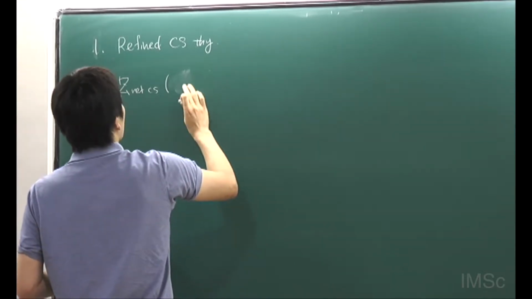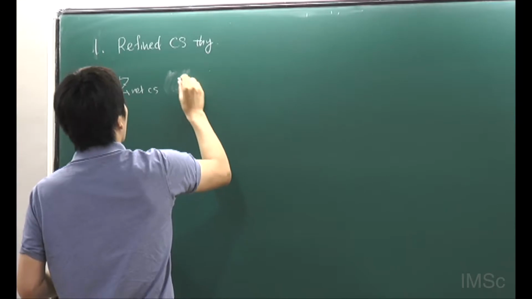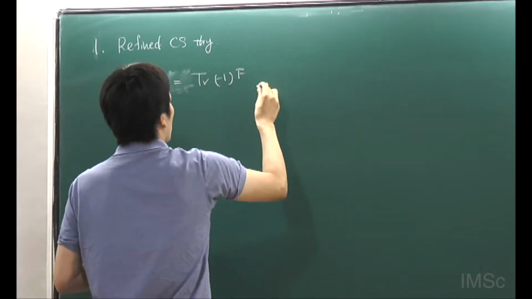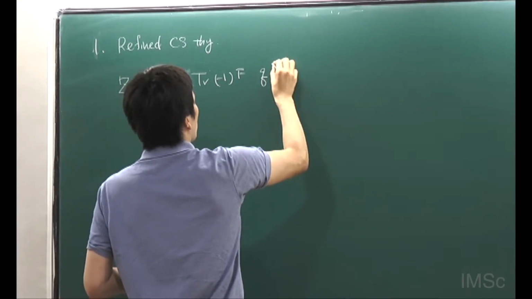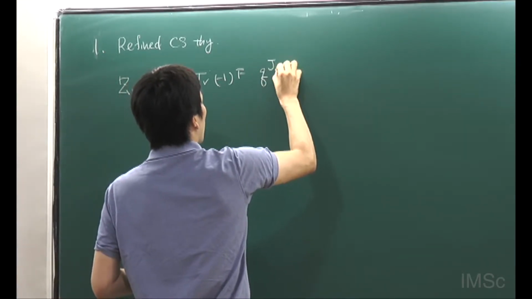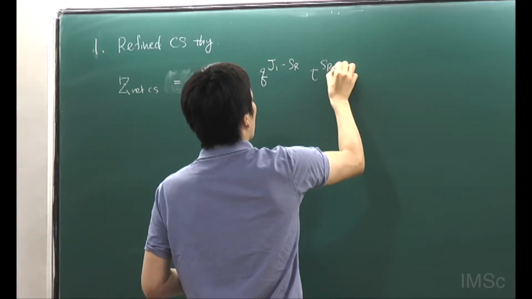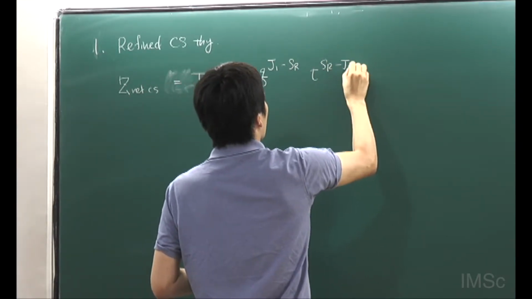So let's talk about the refined Chern-Simons theory partition function. It's the trace of (-1)^F, q to the J1 minus R over 2, and t to the R over 2 minus J2.